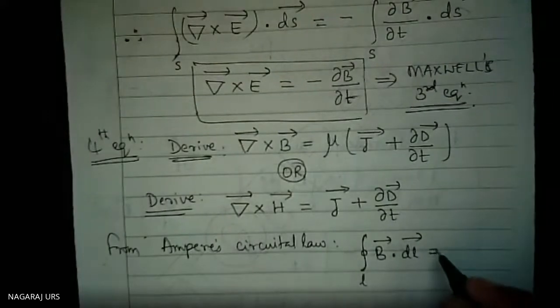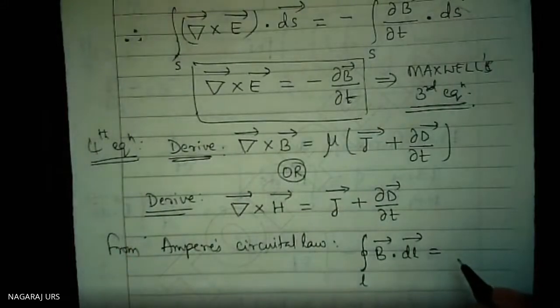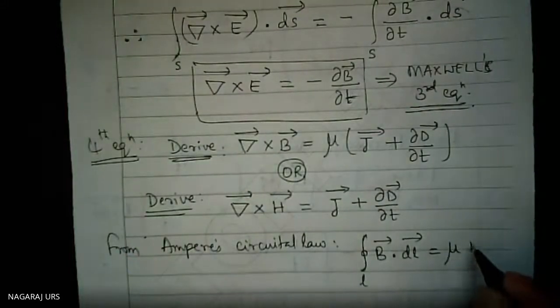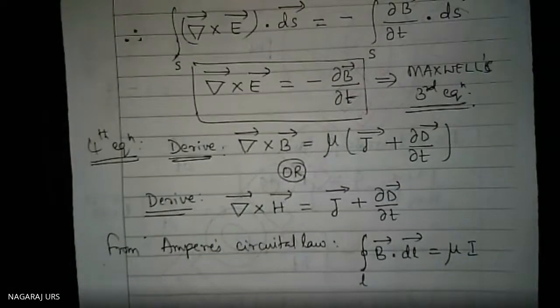is equal to, if it is air medium, then I can write mu naught. If some other medium, I can write mu into I. Vacuum, if it is present, you can write mu naught.